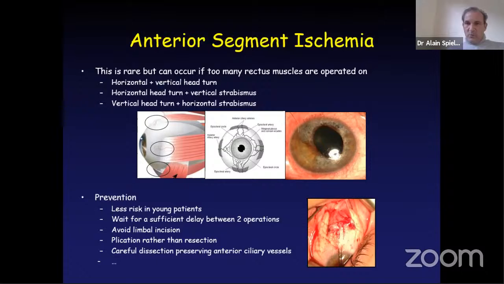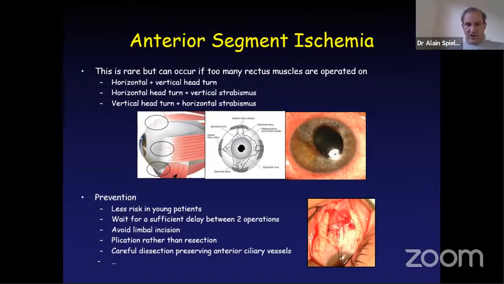But sometimes you will also have nystagmus and strabismus associated together, and surgery will be on horizontal head turn and vertical strabismus, or vertical head turn and horizontal strabismus, and you will have to cut many rectus muscles and cut the ciliary vessels which go through the muscles, and it can lead to anterior segment ischemia, inflammation, iris changes, and sometimes visual loss.